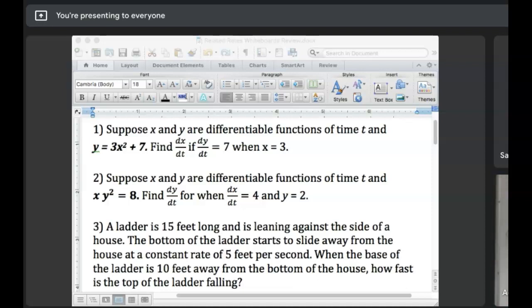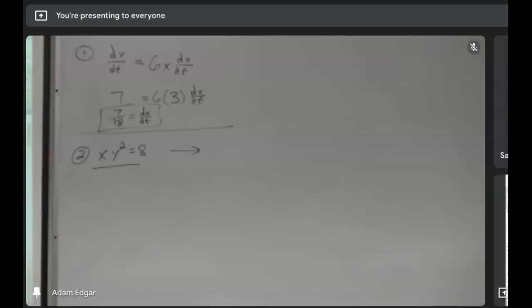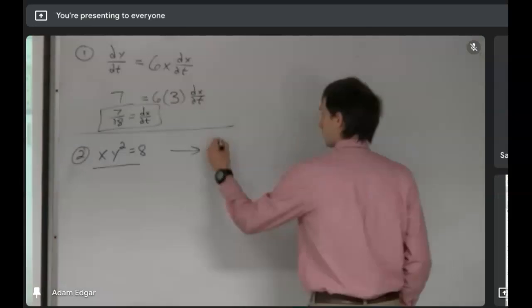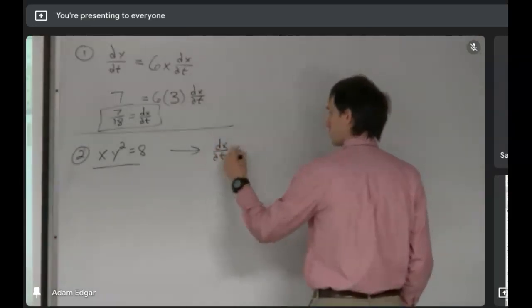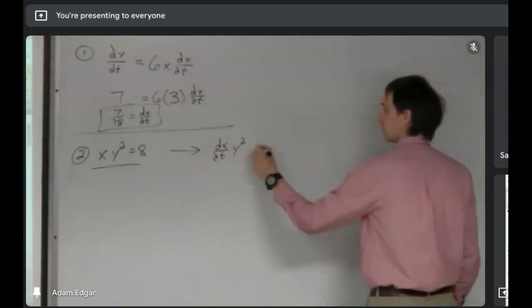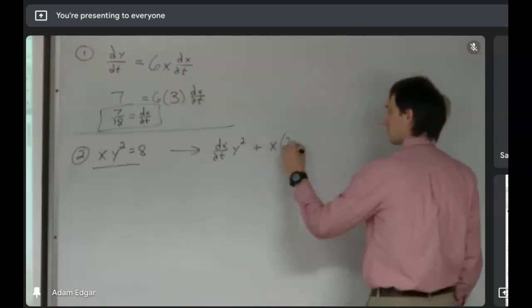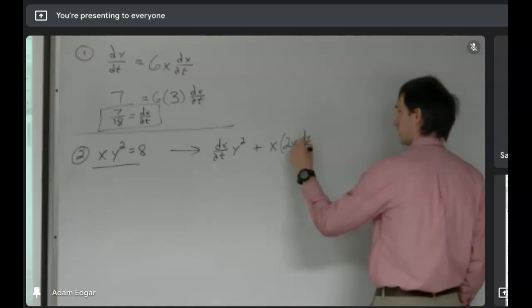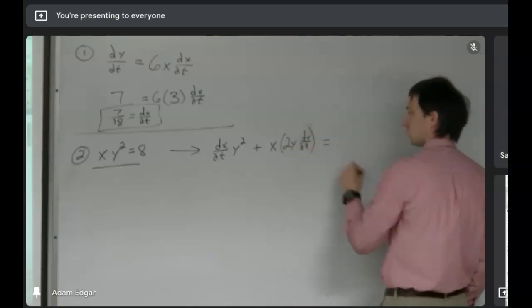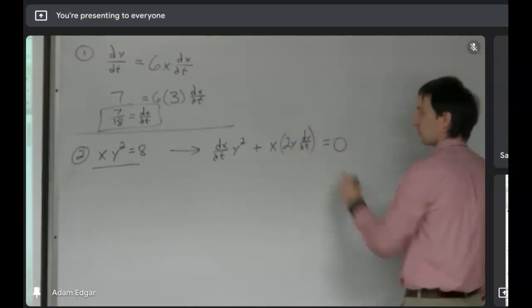Alright, so when we differentiate, what do we get? Alright, so dx dt times y squared. So that's d first times original second. And then what? So x times 2y dy dt equals 0. Alright?